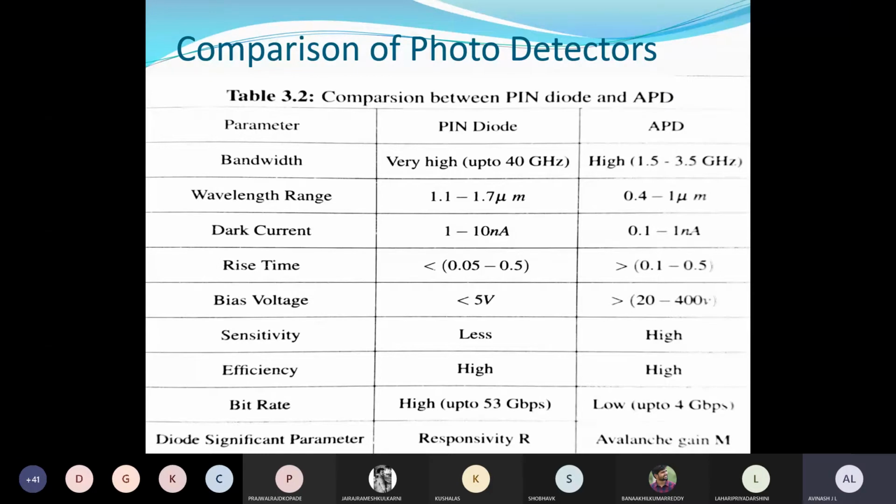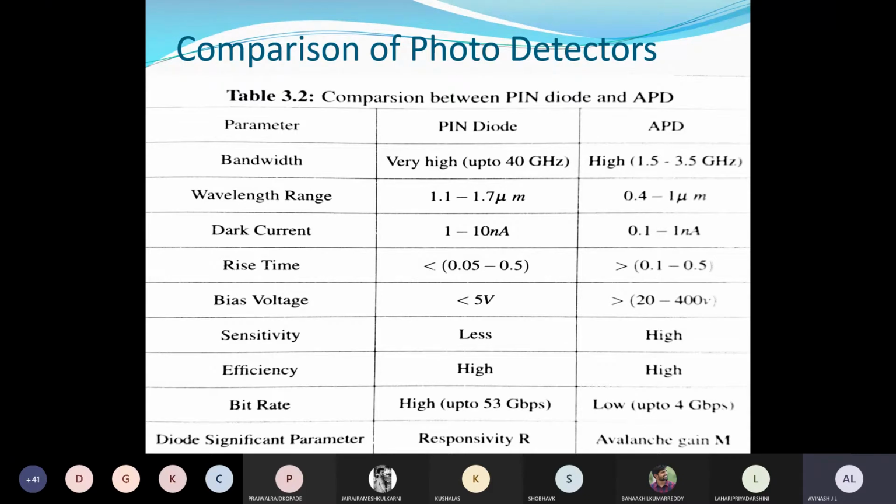One thing is clear. Why do we require different devices for the same operation? Because all devices will not perform equally with every parameter. The PIN diode is converting optical energy into electrical energy, and the avalanche photodiode is performing the same action.